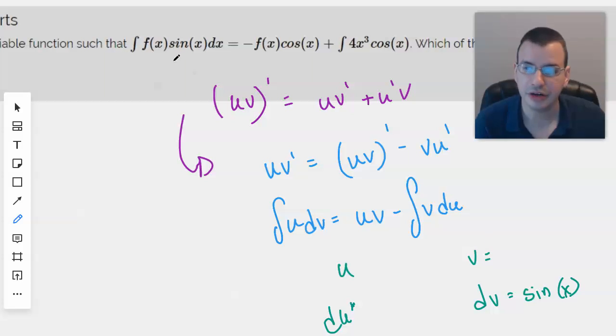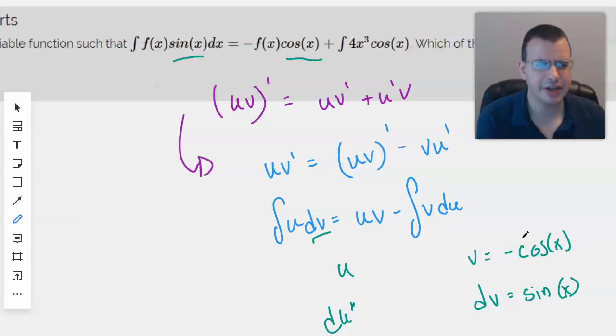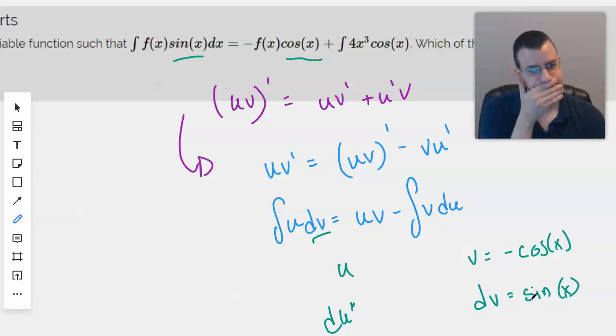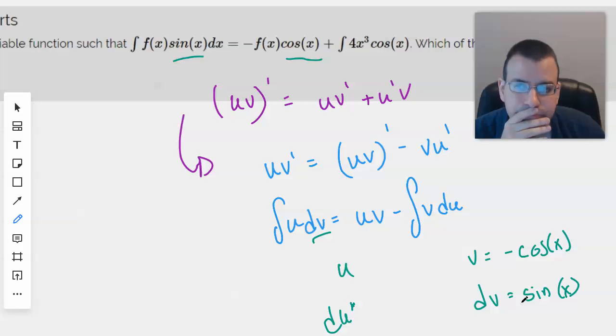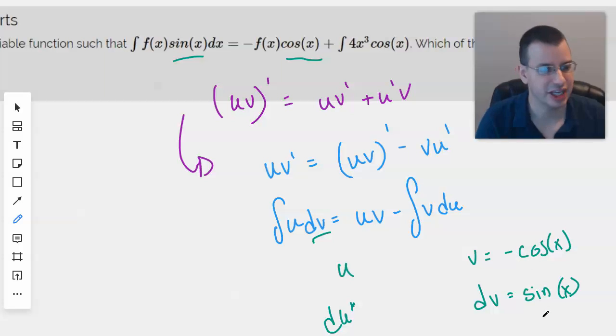Because right here, v equals cosine of x. Negative cosine of x? Maybe. Yes, because the derivative of negative cosine of x is the sine of x.